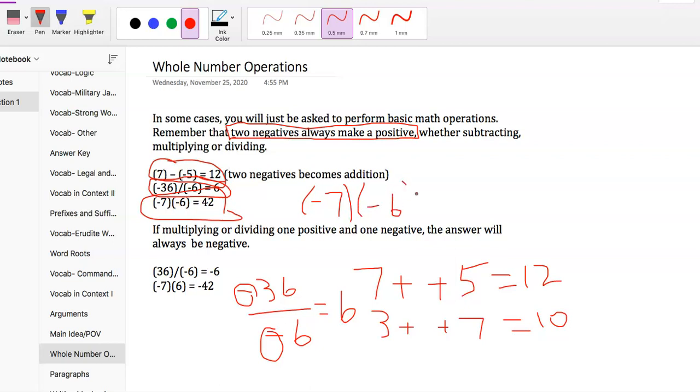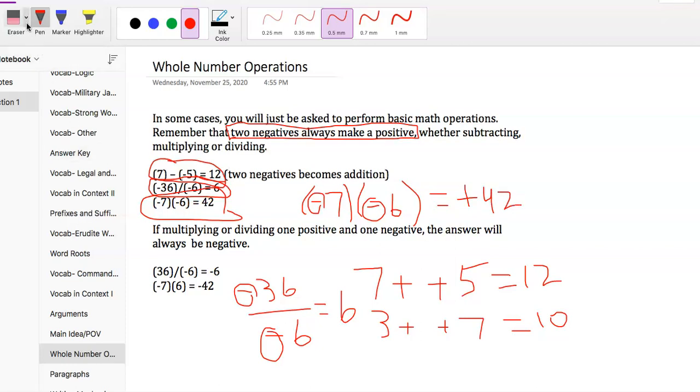Same thing: we have a negative here and a negative here, so our answer is going to be positive. If it's one negative and one positive, it doesn't matter which is which, then the answer will be negative. We'll go over that in a second. 7 times 6 is 42. That's how we do that.